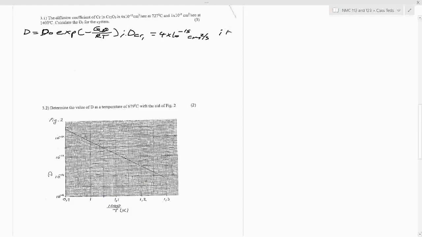And DCR2 is 1 times 10 to the minus 9 centimeters squared per second.